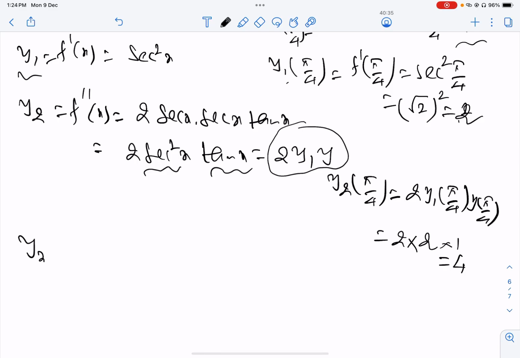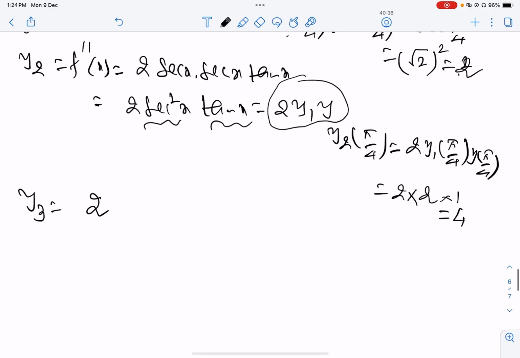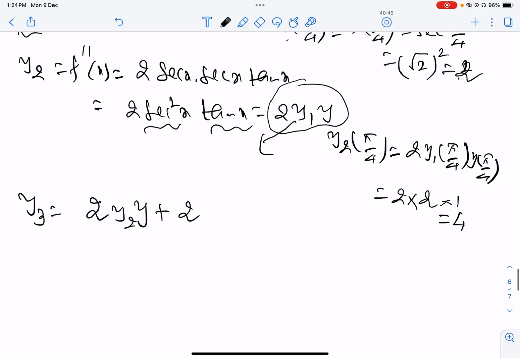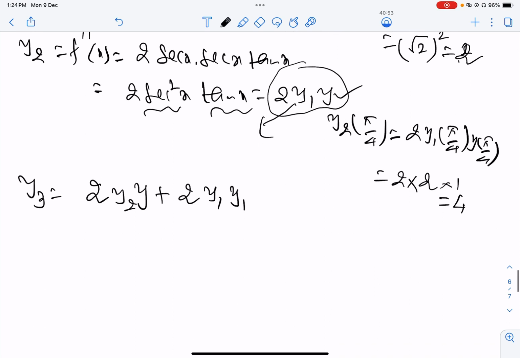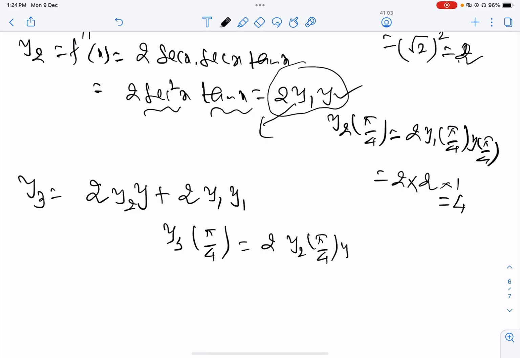So suppose I want y3, the third derivative, then 2 derivative of y1 is y2, and keep y as it is, plus 2 keep y1 as it is, and derivative of y is again y1. So this is 2 y1 square. So now y3 at pi by 4 is equal to 2 y2 at pi by 4, y at pi by 4, plus 2 y1 at pi by 4 and its square.